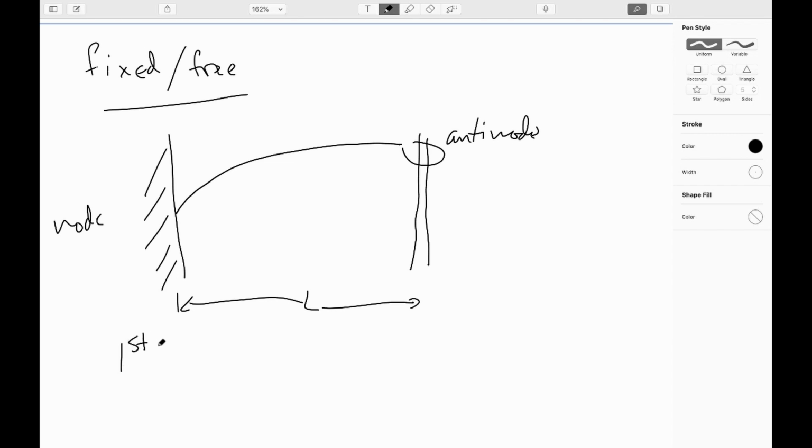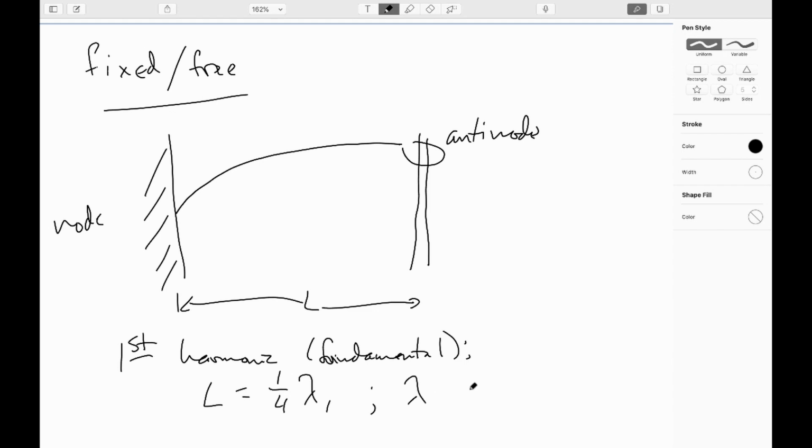So for our first harmonic, the fundamental, we'll observe that the length of the string would be a quarter of the wavelength of the fundamental. So the wavelength of the fundamental would be 4/1 times the length of the string.